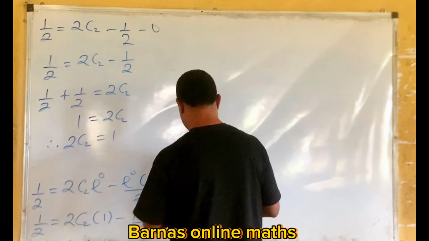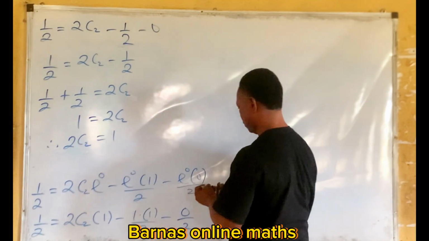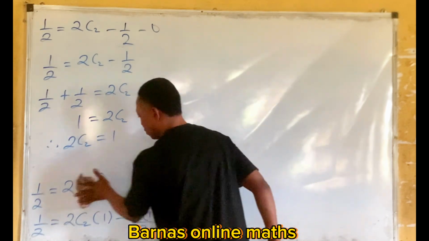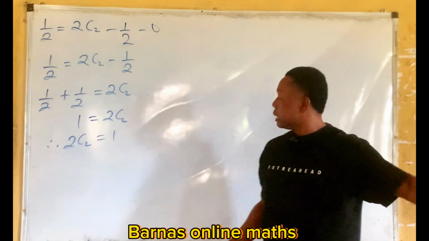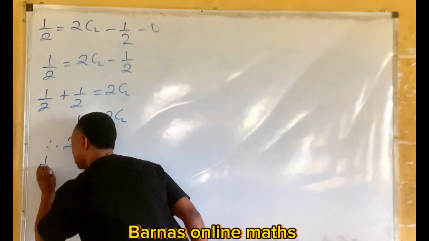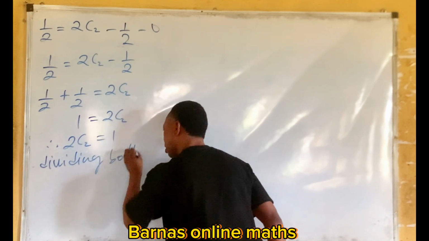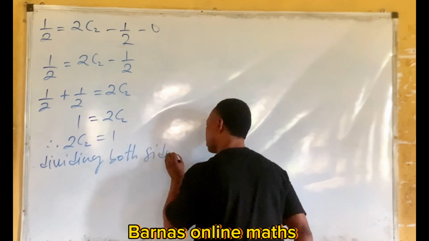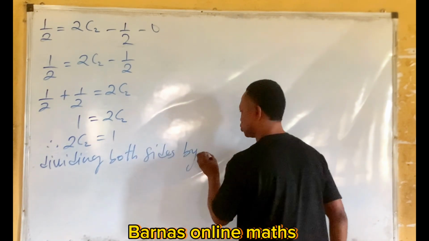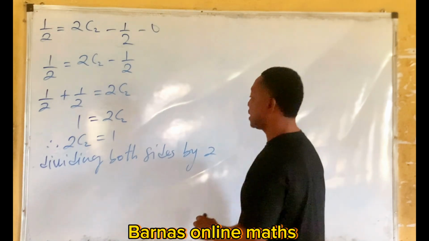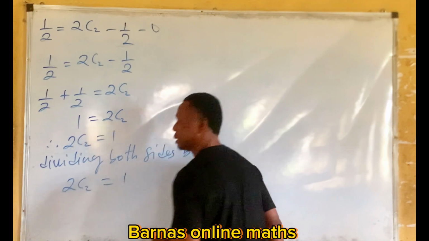So we now say dividing both sides by 2. If we do that, we're going to have this to be 2C2 equals 1.